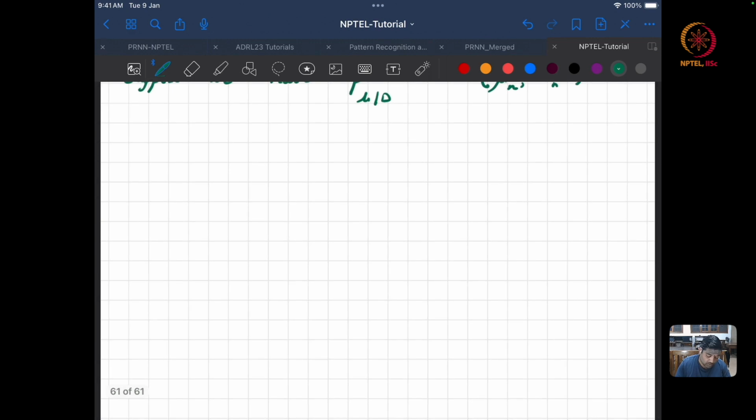So now P of mu given D is proportional to exp of minus half (mu minus mu n) whole square divided by sigma n square.